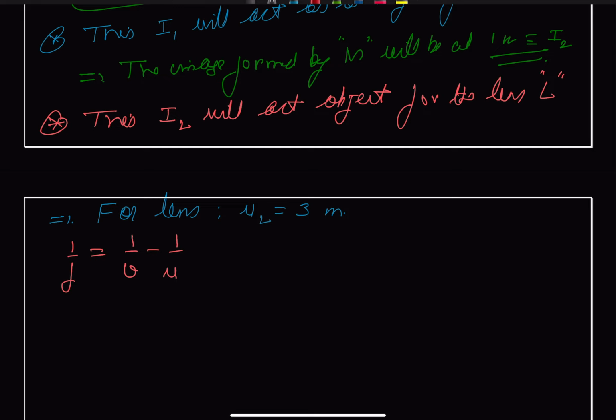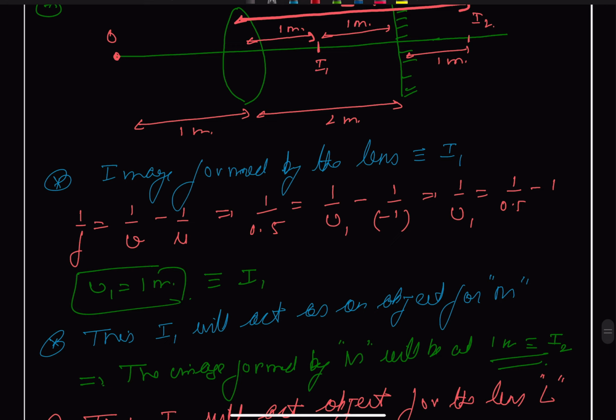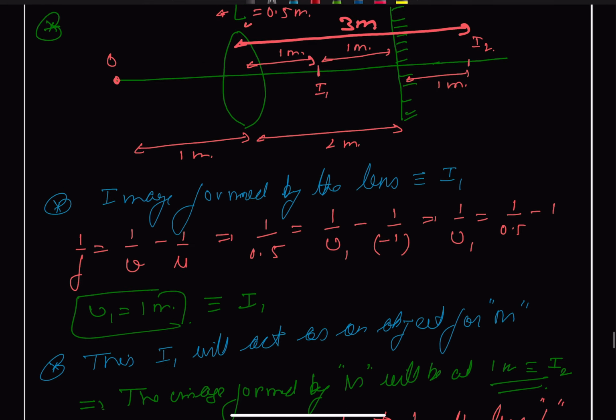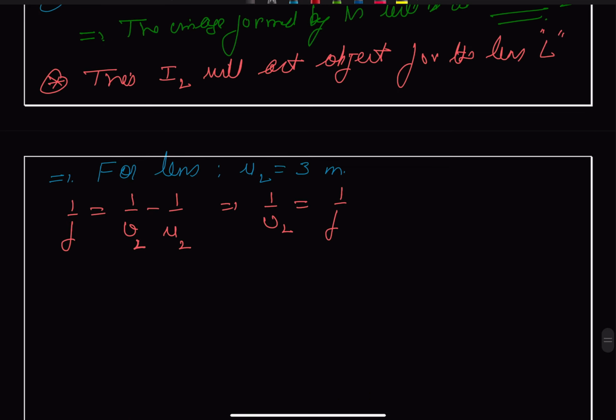So let us call this v2 and u2, and we need to find out our v2. We get 1 upon v2 is equal to 1 upon f minus of minus 3.